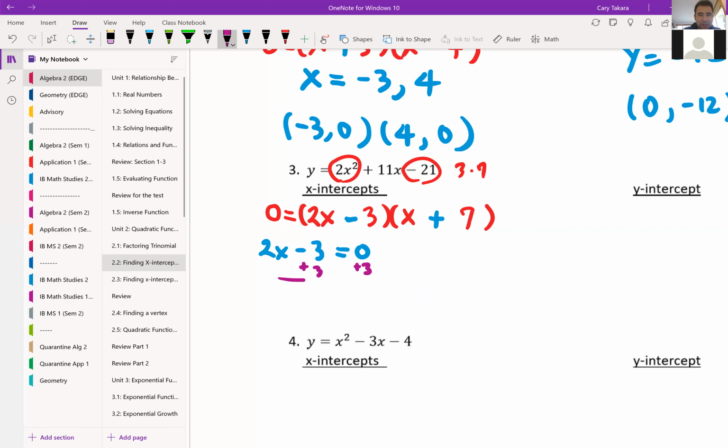So you get 2x equals 3. Divide by 2. So x equals 3 over 2, or 1.5. Well, should I just put 1.5? Okay. And then the other one is just going to be negative 7. x equals negative 7.